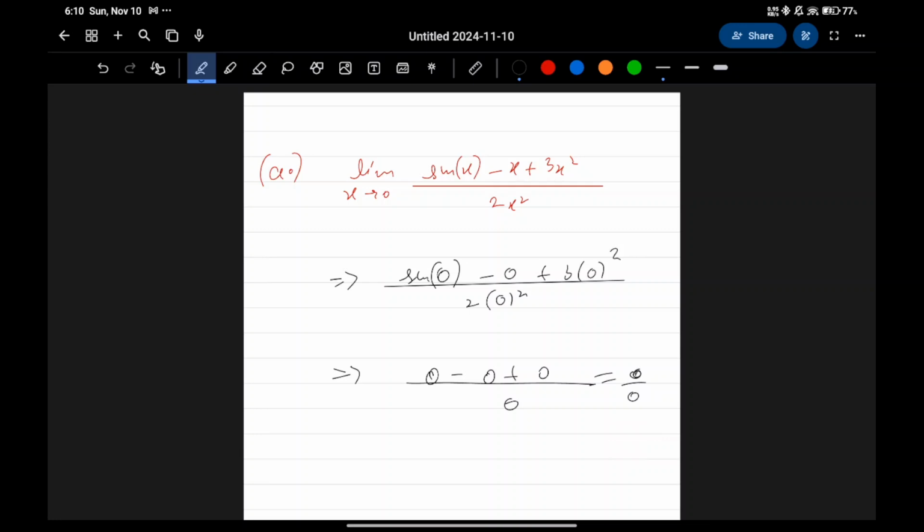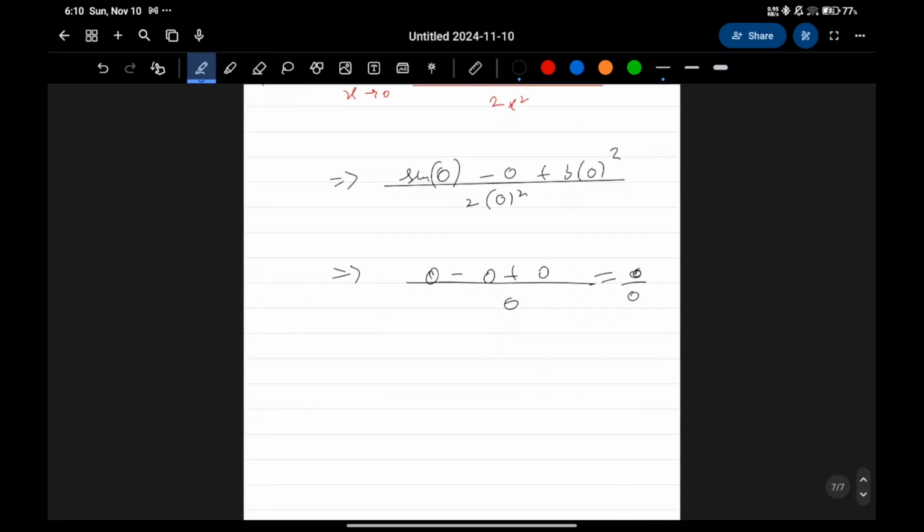Now that it is 0 over 0, you can write it on the sheet, which helps the teacher know that you have correctly identified it. You can write: because it is in the form 0 over 0, we can use L'Hopital's rule. And what does it say?